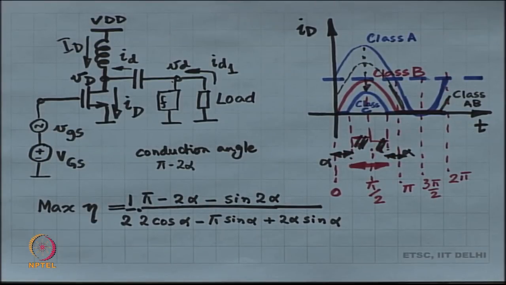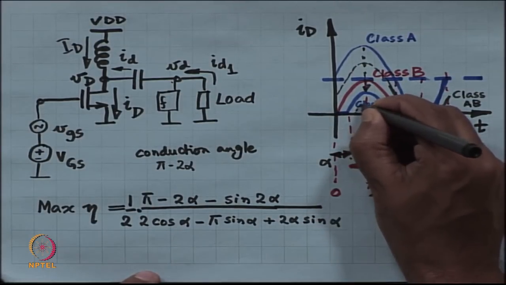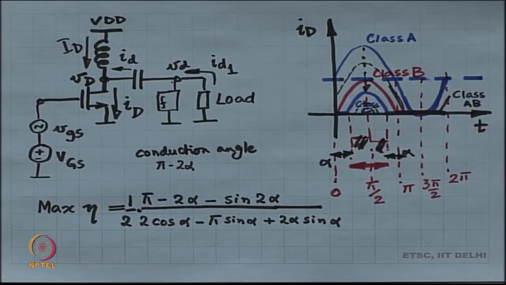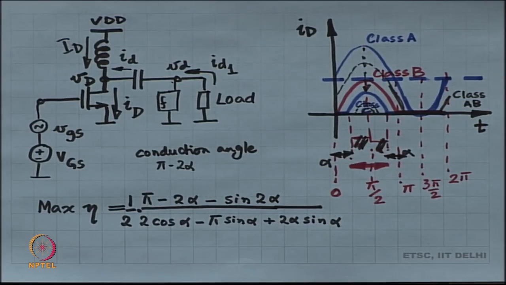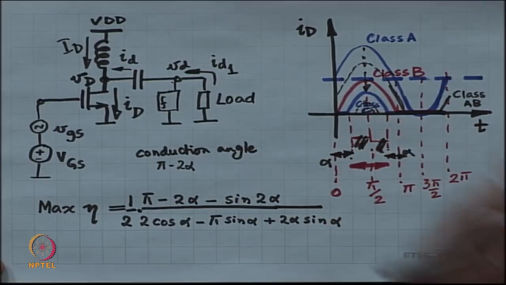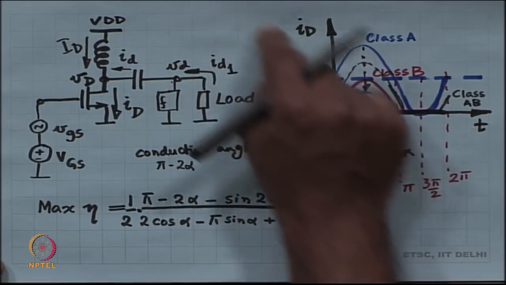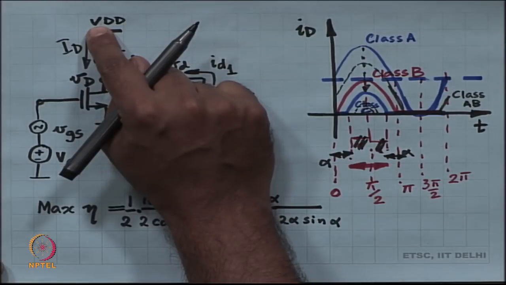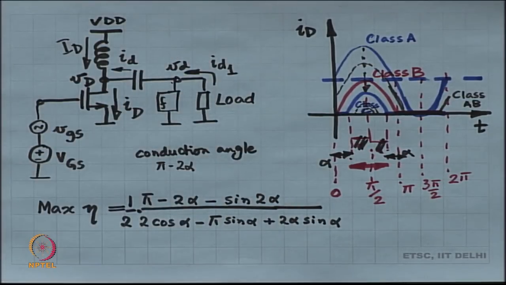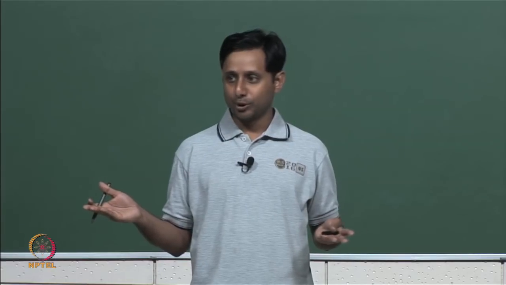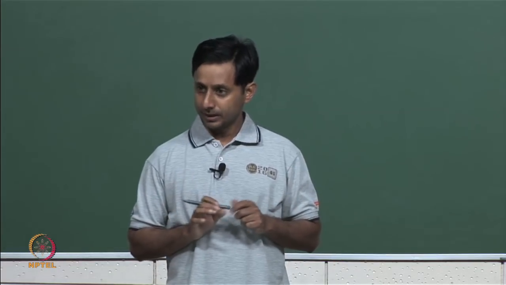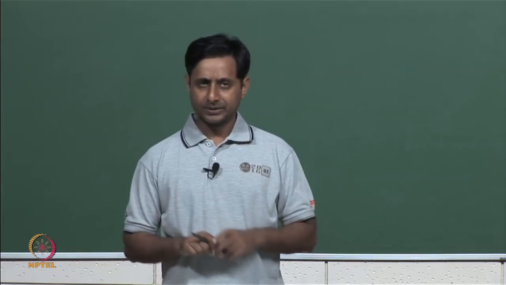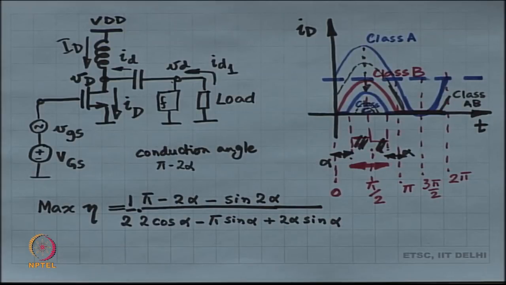When you are decreasing the conduction angle, you are making this current waveform smaller and smaller and smaller in size, right, the rest of it is all 0. Okay. Now, if that is your small i sub capital D, the average of that is being delivered by VDD. So, the average current is also going down. So, it is not like you are going to give more than you take, the entire thing is going down in size. All right.